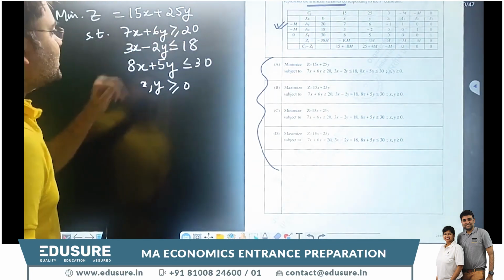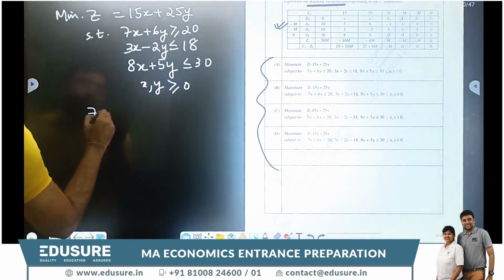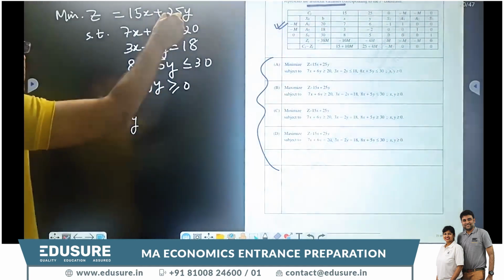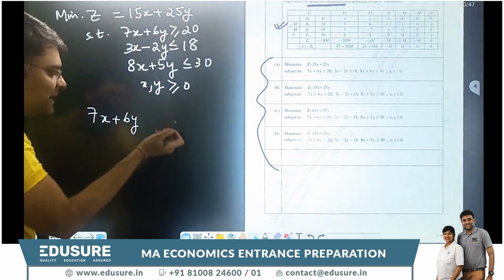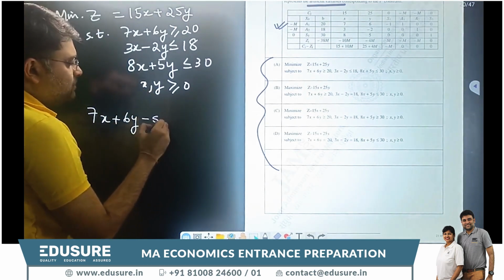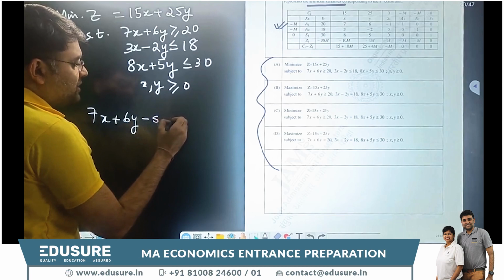Whenever I have a greater than equal to, जब भी मेरे पास में एक greater than equal to inequality है in the constraint, I need to introduce one slack variable and one artificial variable.